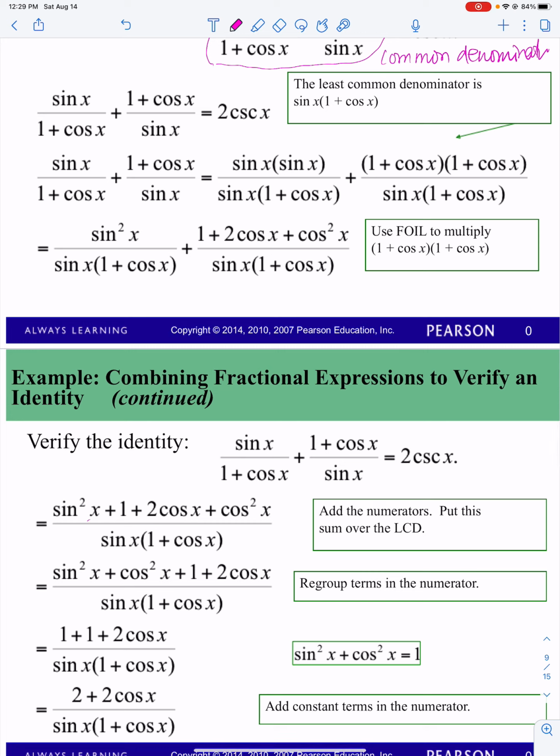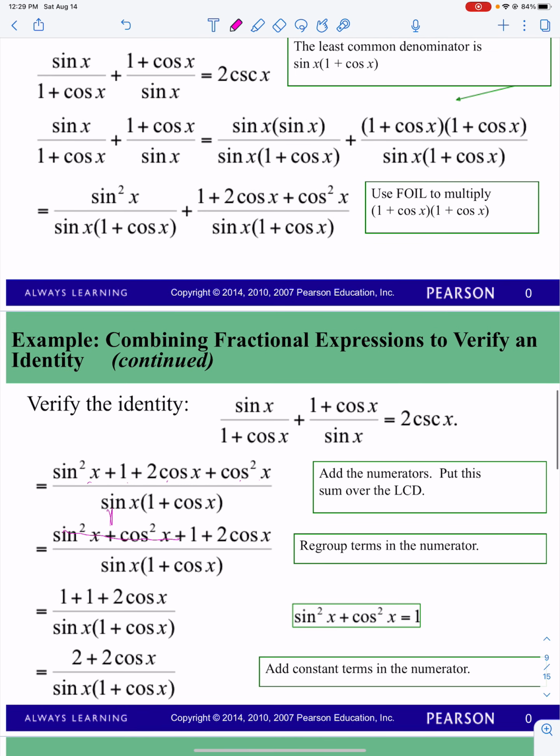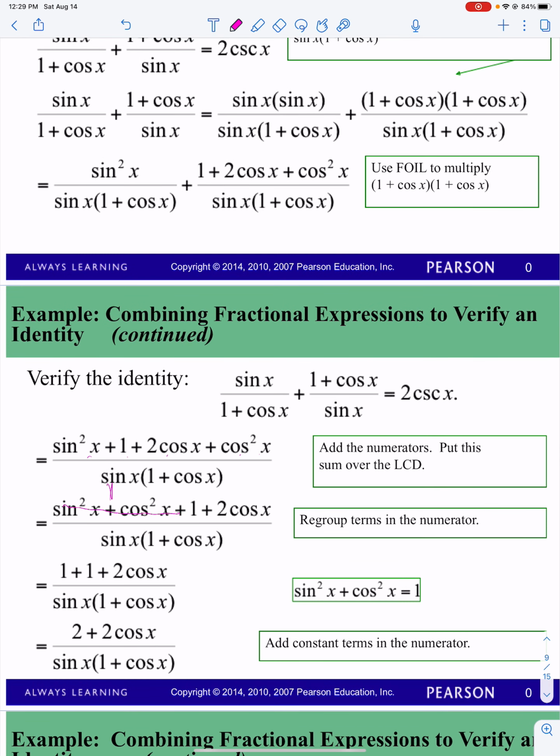What do you have? Sine squared plus 1 plus 2 cosine x plus cosine squared. Sine squared plus cosine squared, that's what? 1. So it's 2 plus 2 cosine x. And then what will you do? You can factor here, 2 times 1 plus cosine x.